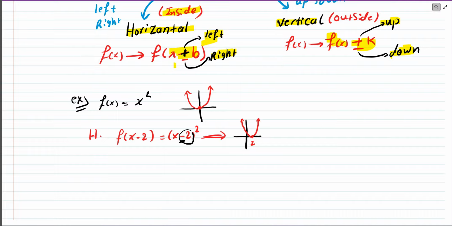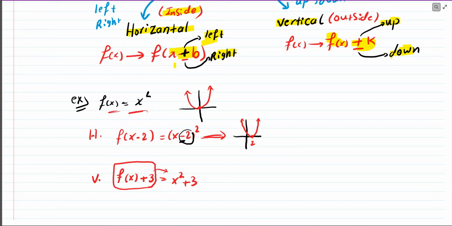How about vertically? What will happen to vertical? Just a quick example. If I have vertical, f of x, let's say, plus 3. So what will happen to this one? It equals x power 2 plus 3, because your f is x power 2, right? This is mathematically not correct to write like this, but just for understanding.